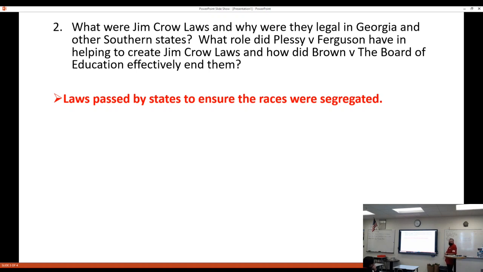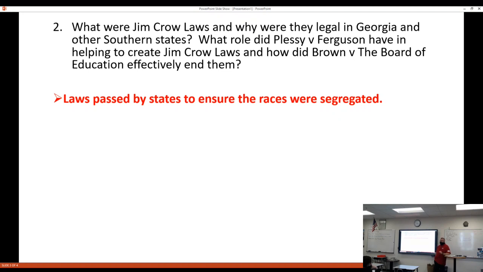Jim Crow laws were laws passed by states to ensure that the races were segregated, but they were more than that. They also were meant to ensure that black folks would not be able to vote, would not be able to exercise their civil rights. I didn't put that in here, but you probably should make note of that. So it's to ensure segregation, but it's also to oppress black citizens by taking away their civil rights, primarily their right to vote.